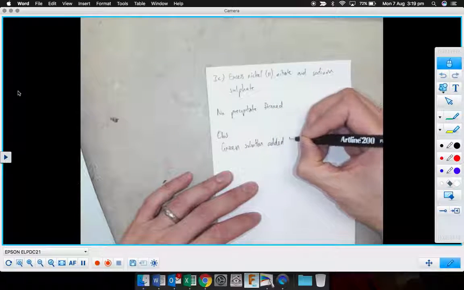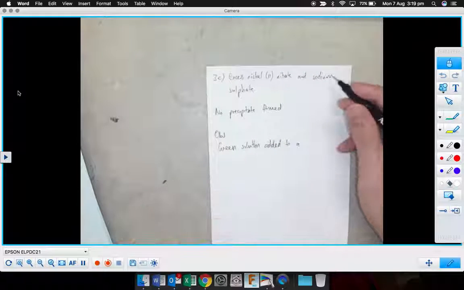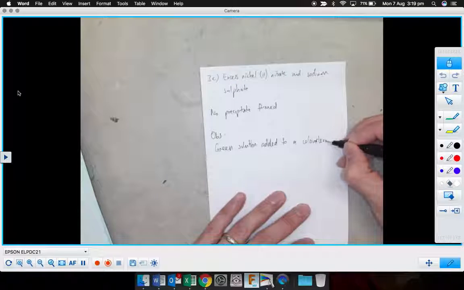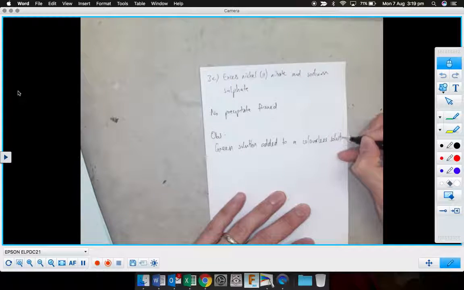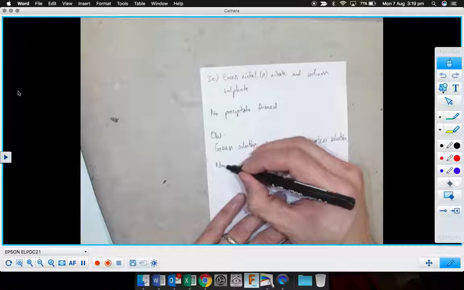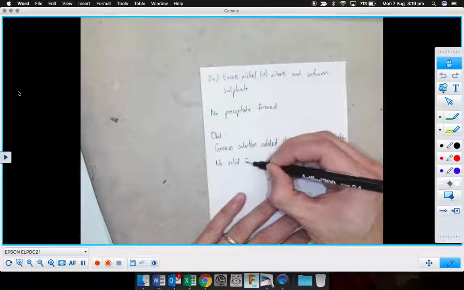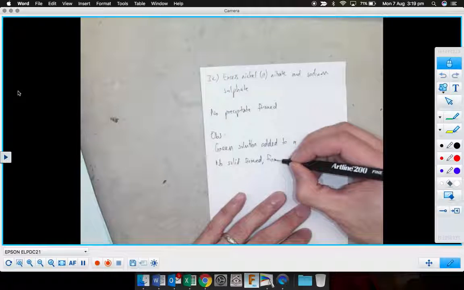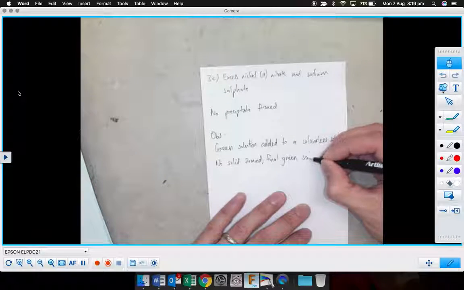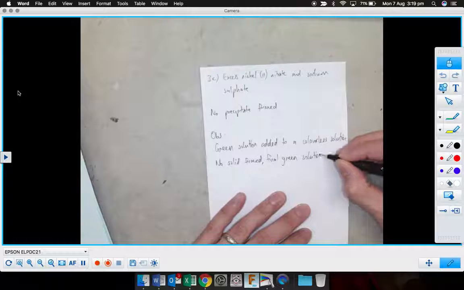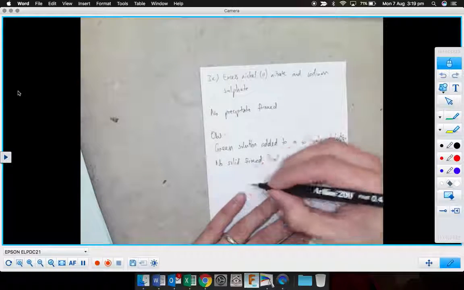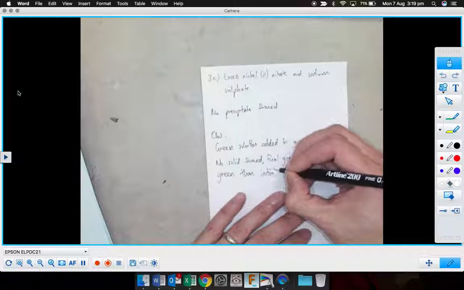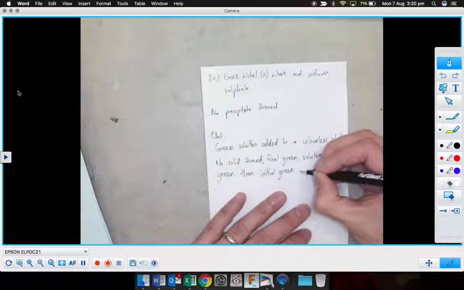added to a, what color is sodium sulfate? A colorless solution. No solid formed. Final green solution, less green than initial green solution.